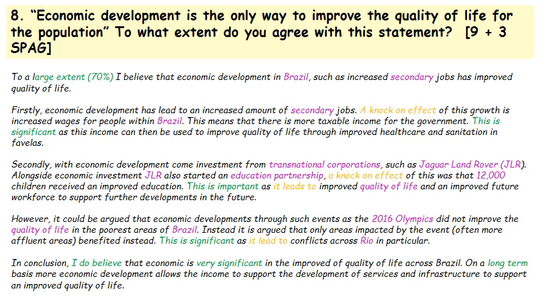However, it could be argued that economic developments through such events as the 2016 Olympics did not improve the quality of life in the poorest areas of Brazil. Instead, it is argued that only areas impacted by the event, often more affluent areas, benefited instead. This is significant as it led to conflicts across Rio in particular.